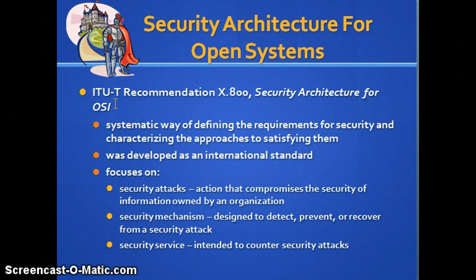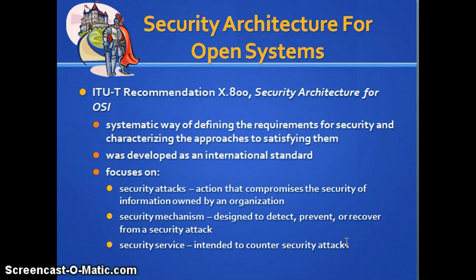Then we will talk about the main three issues related to the security architecture coming from the ISO standard. Going in reverse, these are security services, security mechanism, and security attack. Security services are intended to counter security attacks.